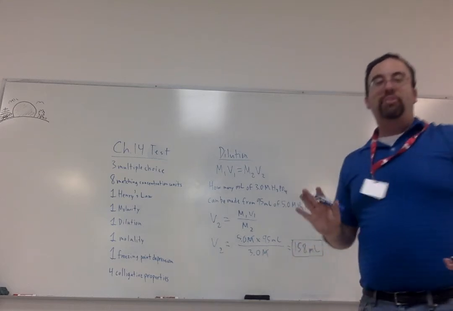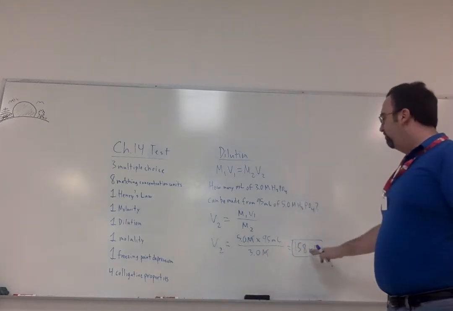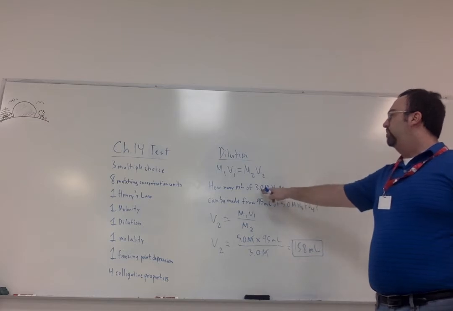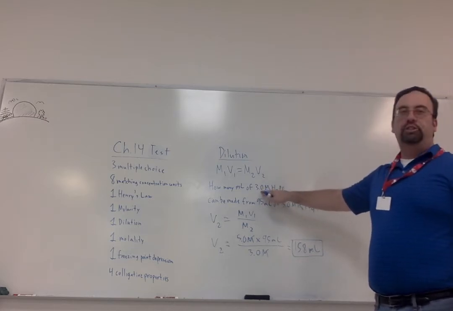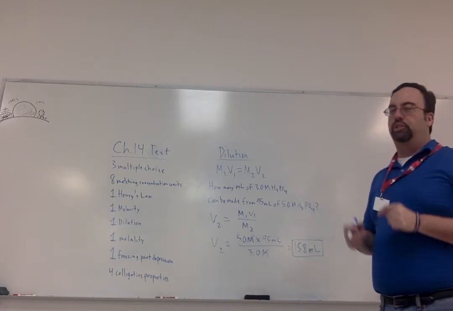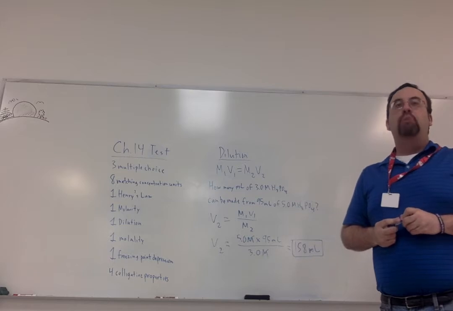So what this means, if I were to draw out 158 milliliters of the stock concentration, I can then use this to make up this concentration of phosphoric acid. So remember, you can only dilute down, so it's going to always go down. All right, and so that is an example of a molarity problem.